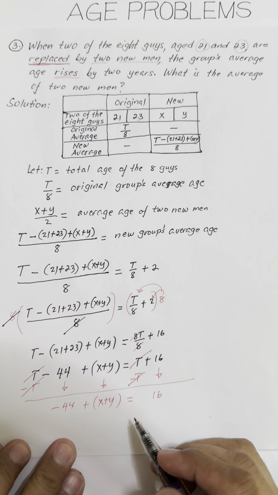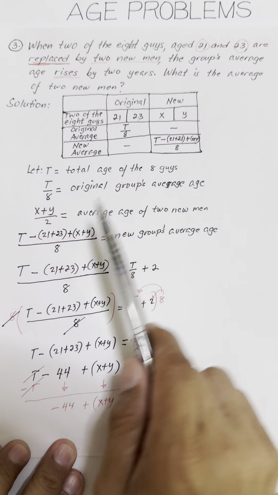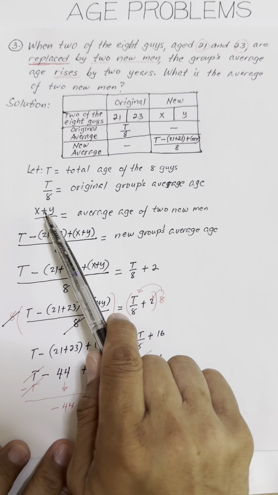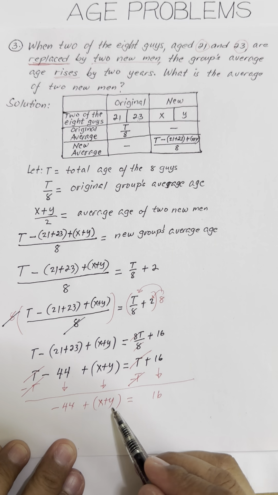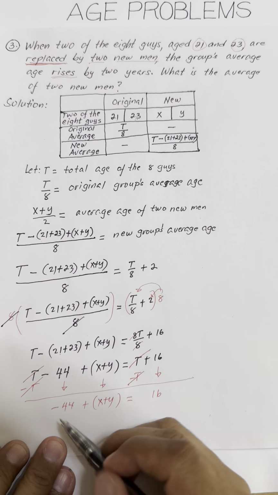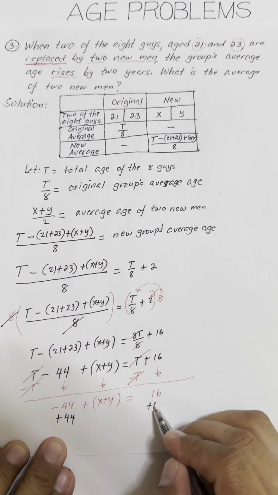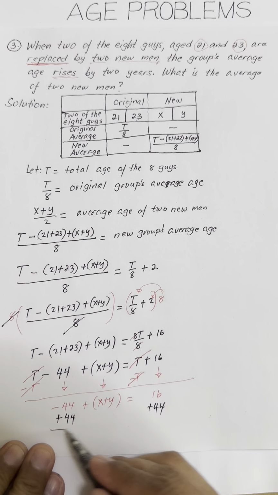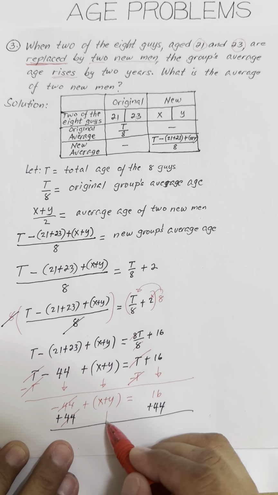Since we are asked to find the average of the two new men, we have to find x plus y divided by 2. First we solve x plus y on the left side by adding 44 on both sides. The negative 44 and positive 44 become 0.